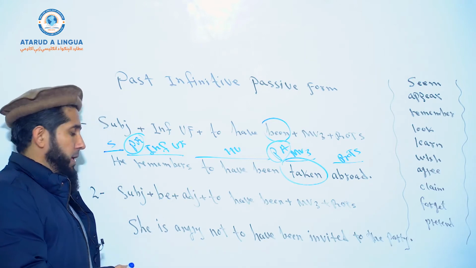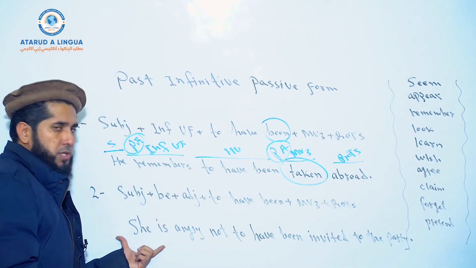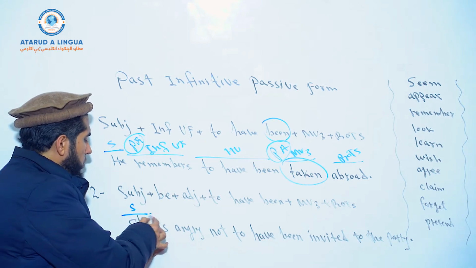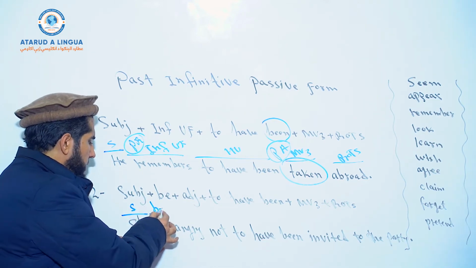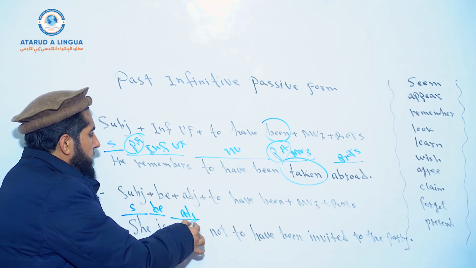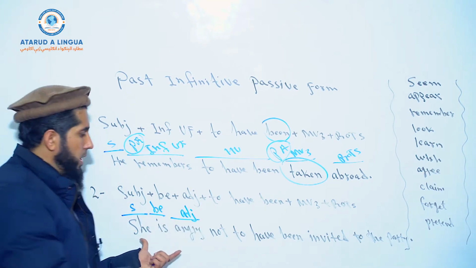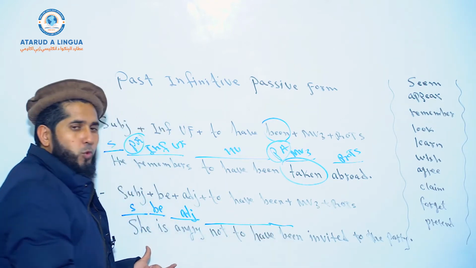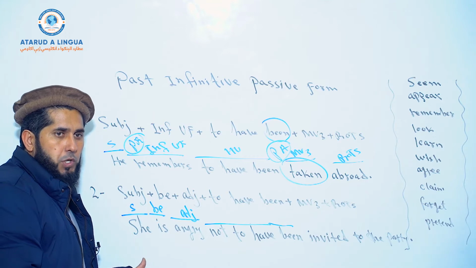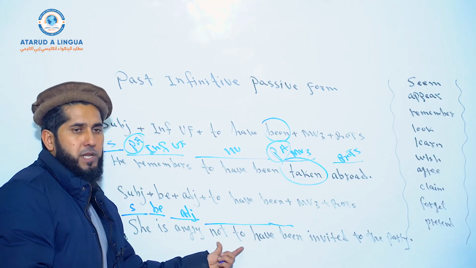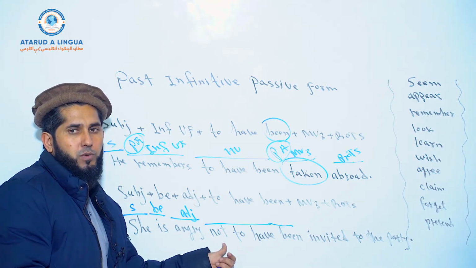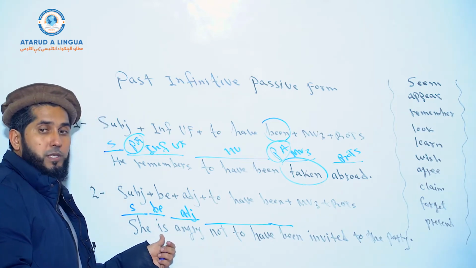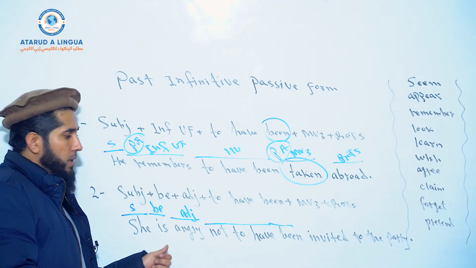Got the point? Okay. So, let's match this example with the structure. What is she according to the structure? Subject. What is? Okay, to be verb form. Angry, adjective of condition. Okay. And not to have been, see, 4 words over here. You can make the idea in your sentence negative by adding the word not over here. If you want to make your whole sentence negative here, so is not. She is not. Okay?